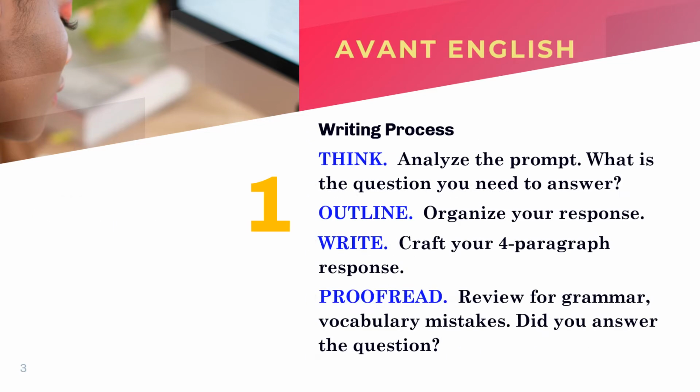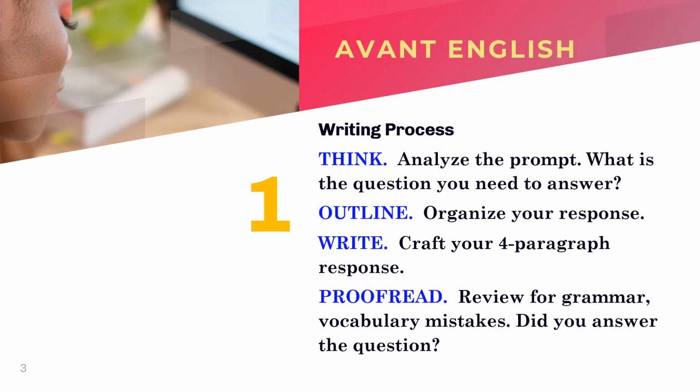Follow these 4 steps before you write one word in writing task 1 or 2. The writing process. First, think. Analyze the prompt. What is the question you need to answer? Number 2, outline. Organize your response.